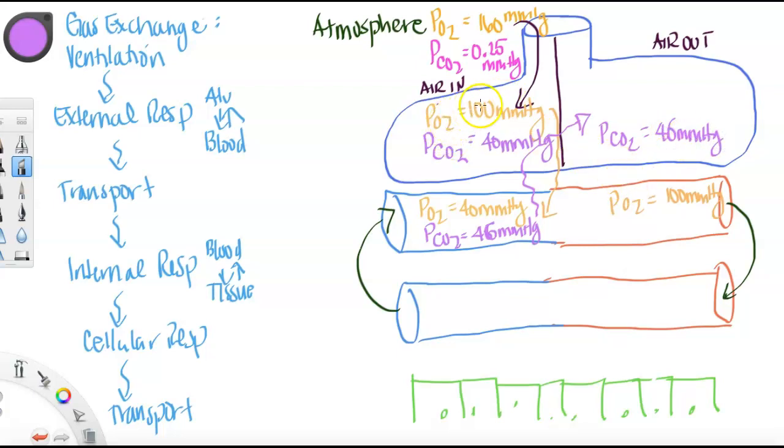And now that the oxygen has left, the PO2 in the air is reduced to 40 millimeters of mercury. So that air is going out. Okay, so we can breathe out some of that CO2. The PCO2 in the oxygenated blood is reduced to 40 millimeters of mercury. Okay, so that is external respiration.